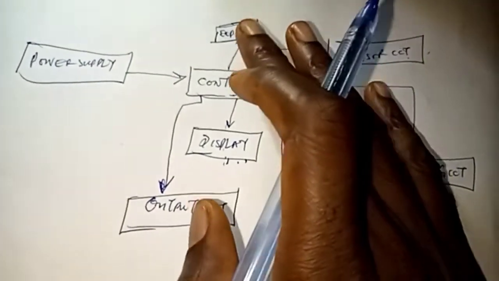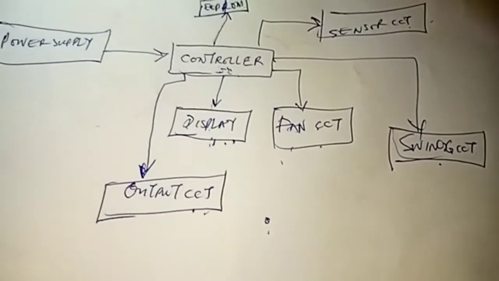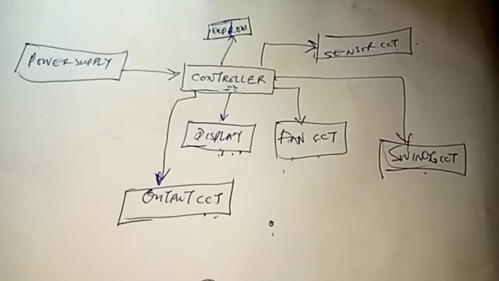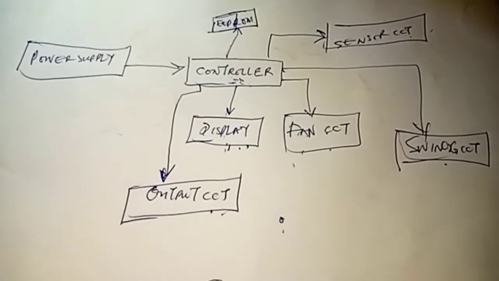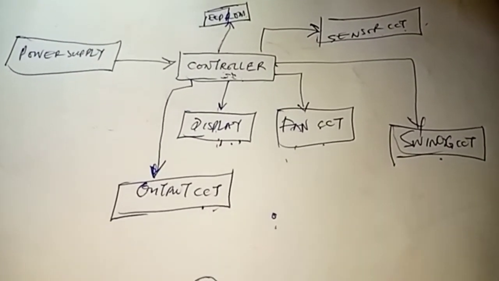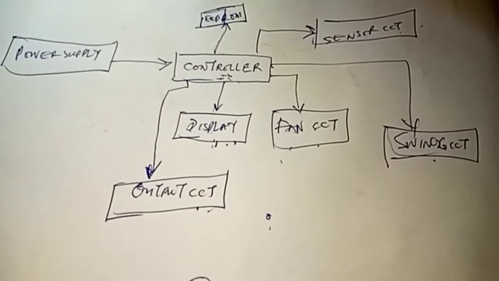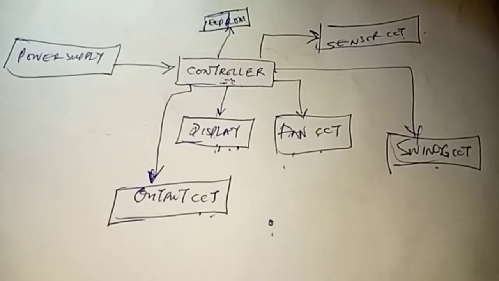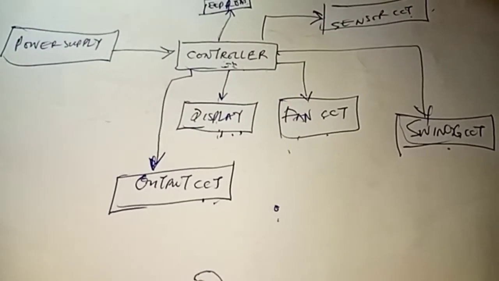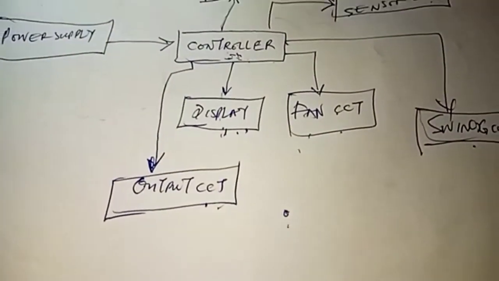Because without the EEPROM, everything will wipe off when it goes off, and you will start doing your setting again. And mind you, the white men are reasoning that let us not make an AC that works only on cool. You can also make use of the fan. You can also heat your room with an AC. But in Nigeria, I'm a Nigerian designer, so I'm interested only in the cool aspect.